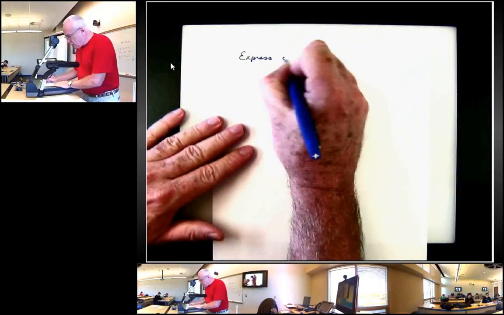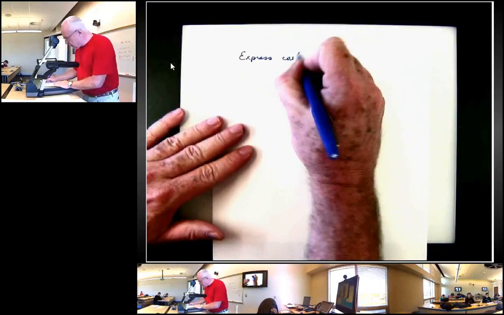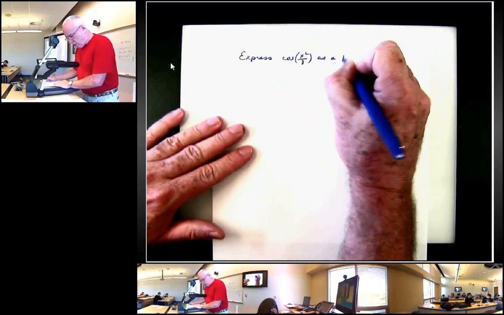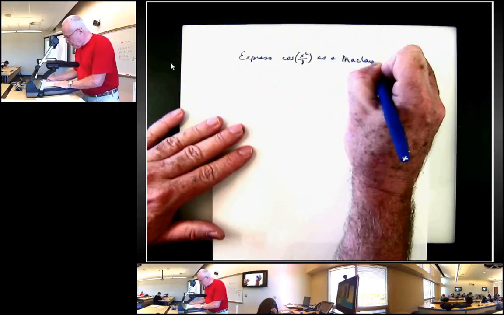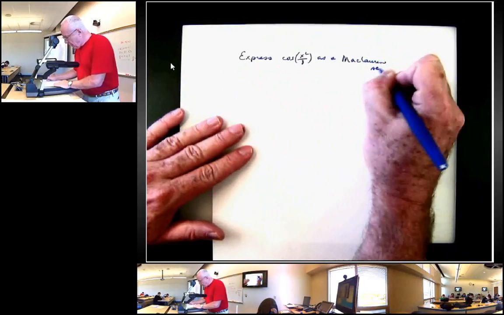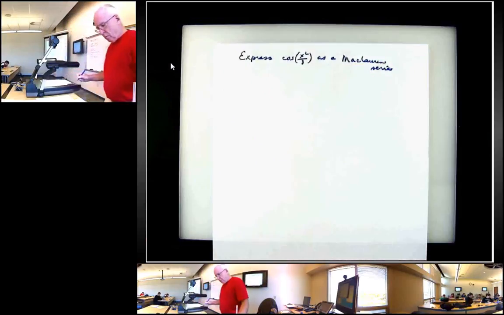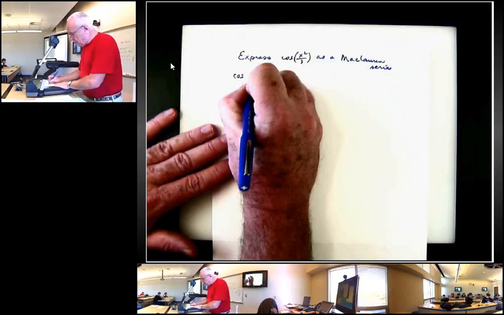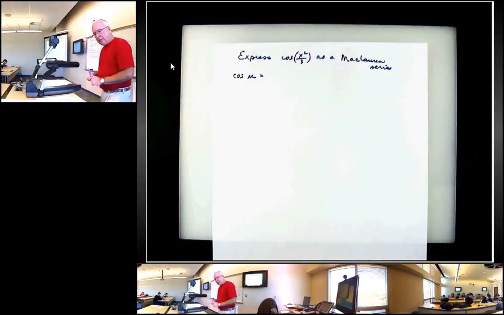Okay, so this is another problem here. Express cosine of x squared over 3 as a Maclaurin series. Hopefully you have the general idea of what we need to do here. We just work off of the formula for the cosine that we have listed here.